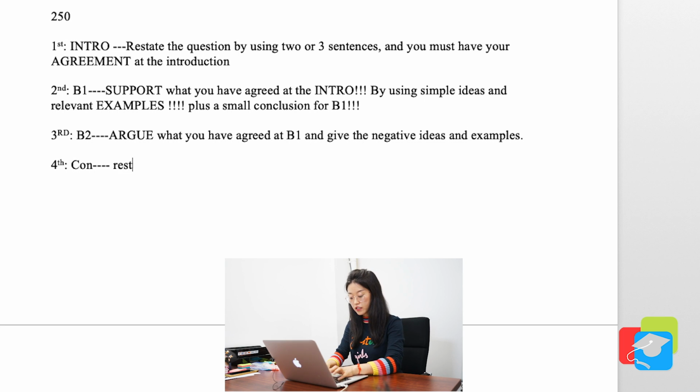You just need to restate, not the question, restate the conclusion of B1 and B2, but emphasize what you agree at, at the introduction.